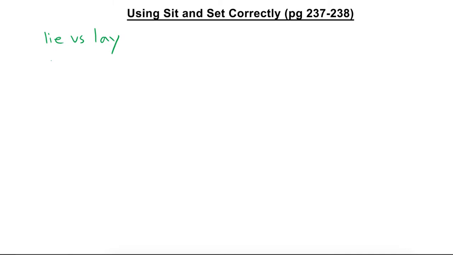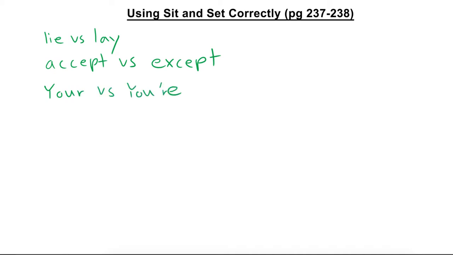Or you might go over accept versus except, words that sound very similar but mean very different things. And we are going to go over your versus you're. They sound the same, but again, mean very different things. So that's just a sneak peek of what we will do for probably the next couple of weeks. All right, so let's continue with today's lesson.